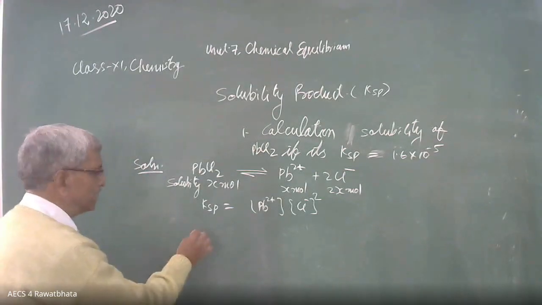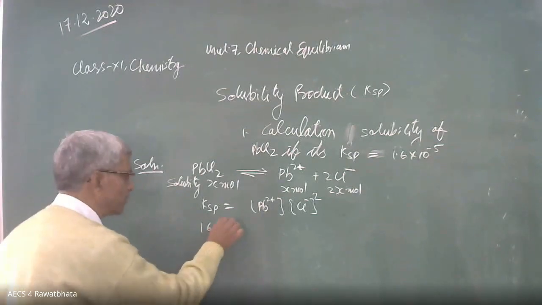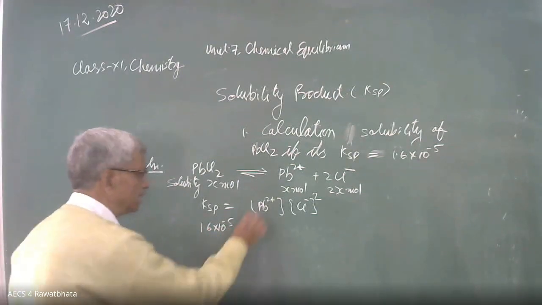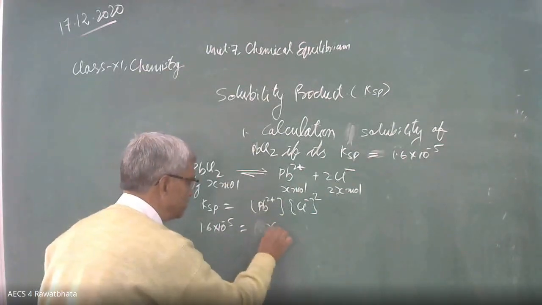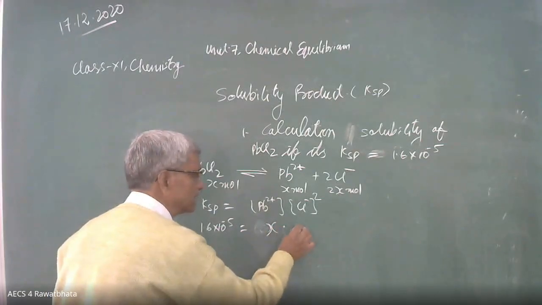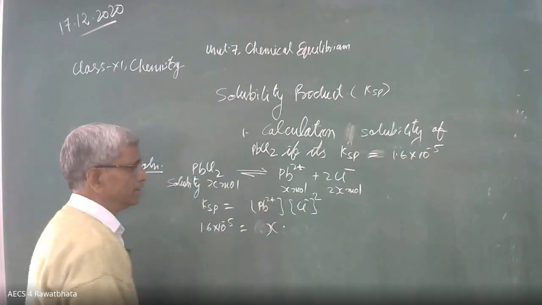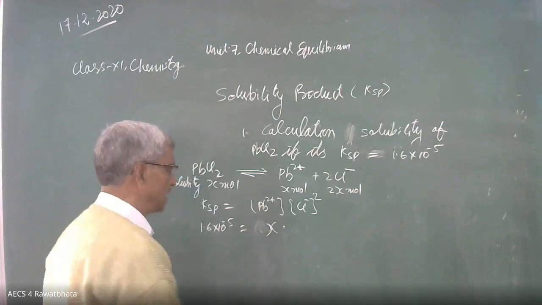Fill the values. Here it is 1.6 into 10 raised to power minus 5 is equal to Pb is x into Cl is 2x squared. Then it is x into 4x squared, that is 4x cube.